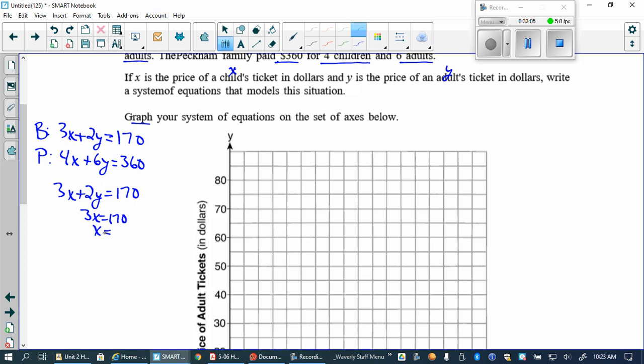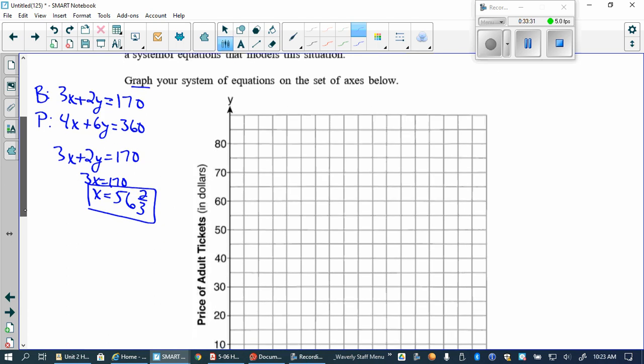Divide 170 by, both sides by 3. I bet you it's 56 2/3. Hit Control Enter. Did you get an x-intercept of 56 2/3?